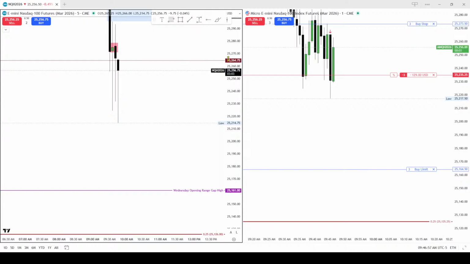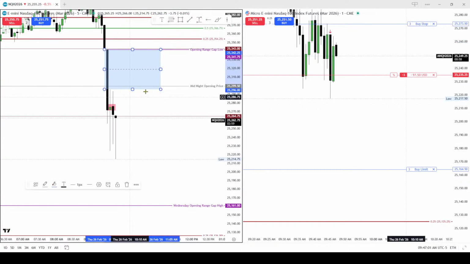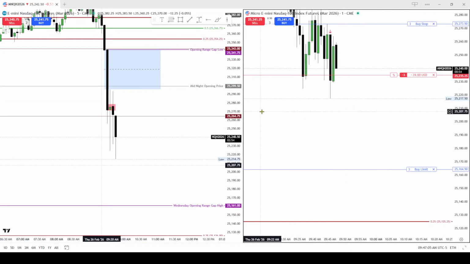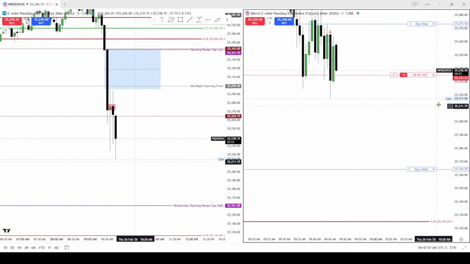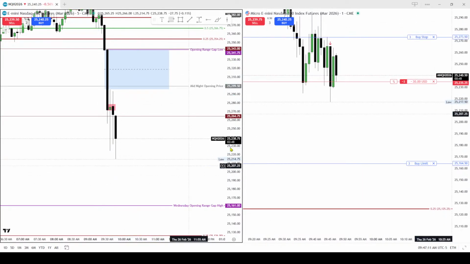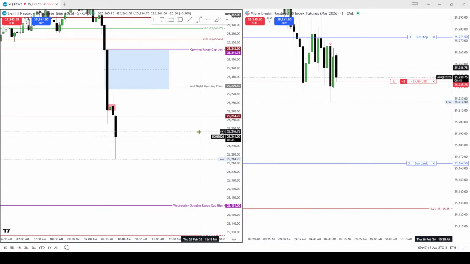It could be that they want to take price into this fair value gap here on the 5-minute before dropping it lower. But let's observe here. Preferably I want to see it treat it as a breakaway gap and run towards the target, leaving it open. But let's just observe.